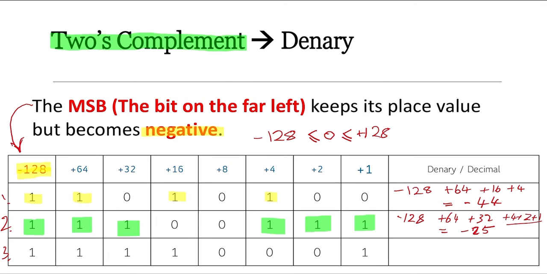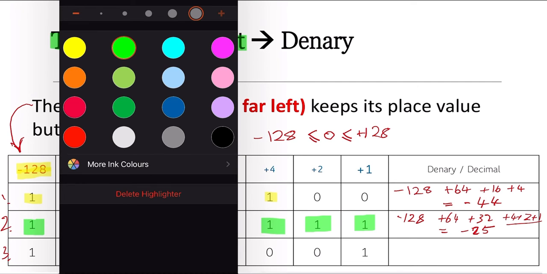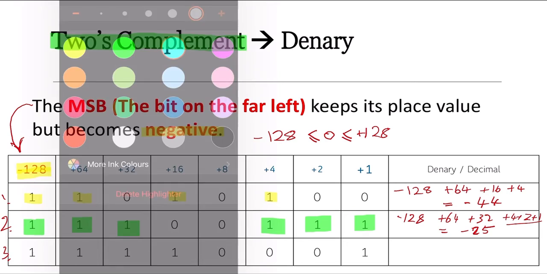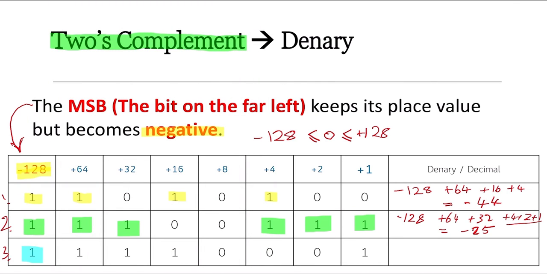Okay, and finally, in our third number, we've got a 1 under the negative 128, 1 under 64, 1 under 32, 1 under 16, and 1 under the 1. So we add all of those numbers together.